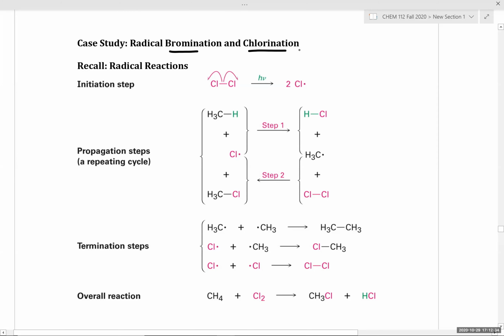This radical reaction can be broken down into a series of initiation, propagation, and termination steps. At the end of the process, we've in effect replaced a hydrogen with a chlorine atom. This reaction occurs through a radical mechanism, and we can break down this radical mechanism into a series of discrete steps.